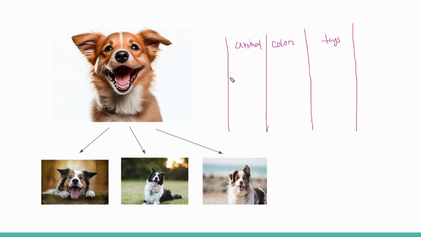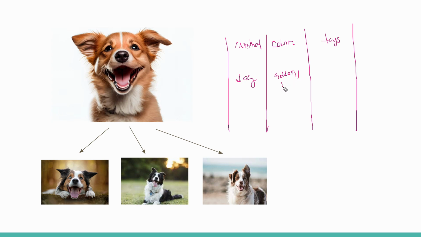If you want to identify similar kinds of images, if you want to apply a query on top of that, then you need to create this kind of schema manually. You need to set those parameters manually. Let's say animal-wise it's a dog. Color-wise, you can give any color, let's say golden, a golden dog.